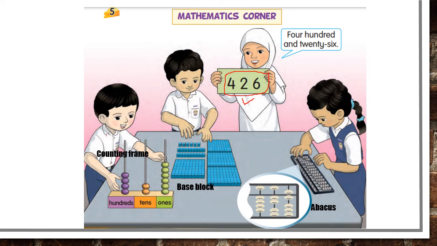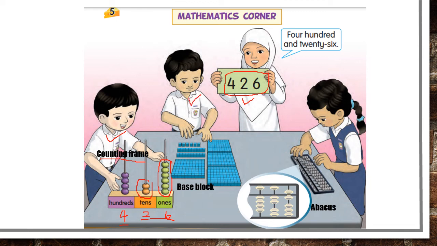This boy is going to represent the number using counting frame. So we have 4 beads at the place of hundreds, 2 beads at the place of 10, and 6 beads at the place of ones. So this counting frame represents 426.